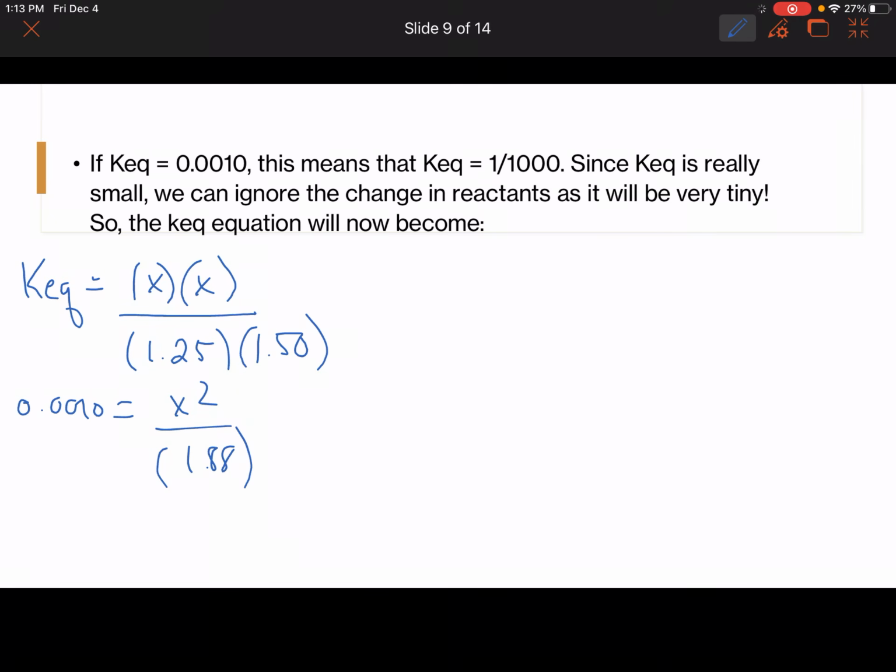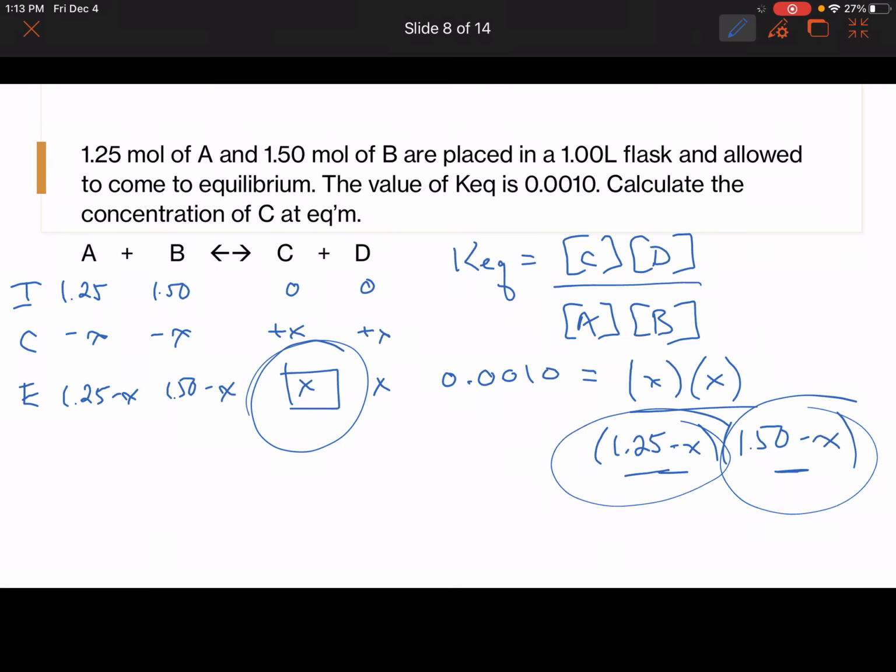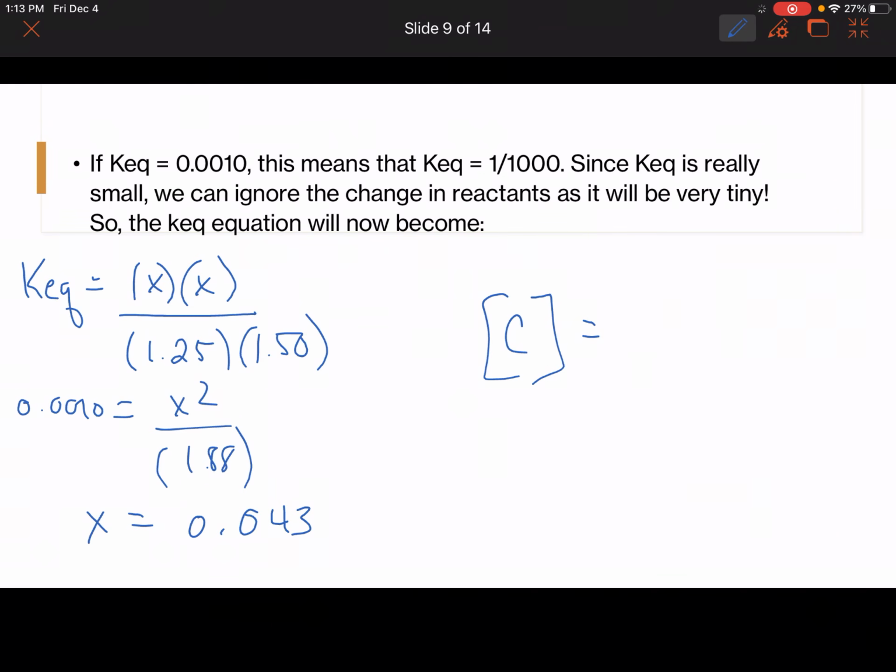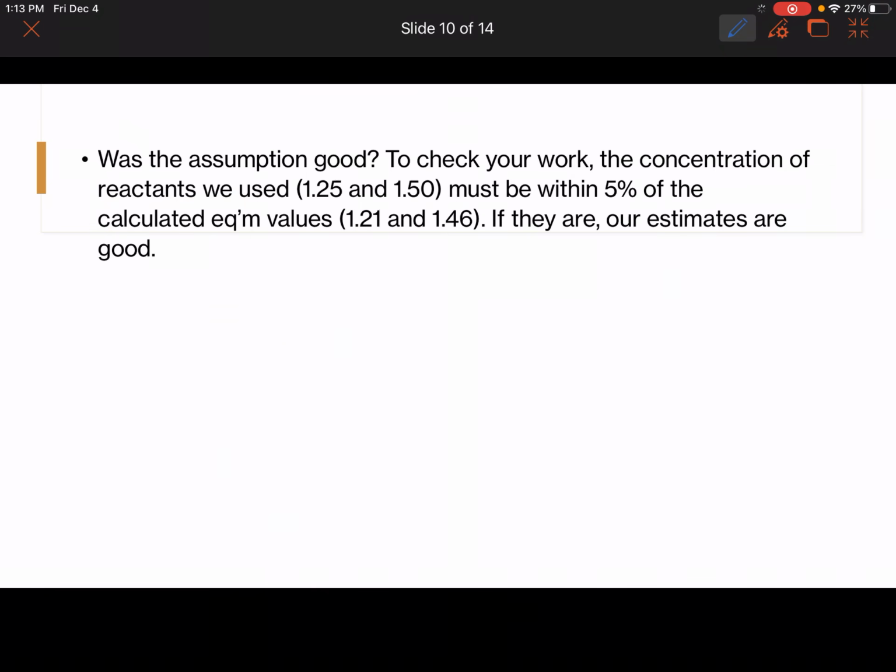So I can just clean that up, take the square root to solve, and x is going to be equal to 0.043. So therefore, the concentration of C at equilibrium, that's what I'm looking for, is going to be 0.043 molar.